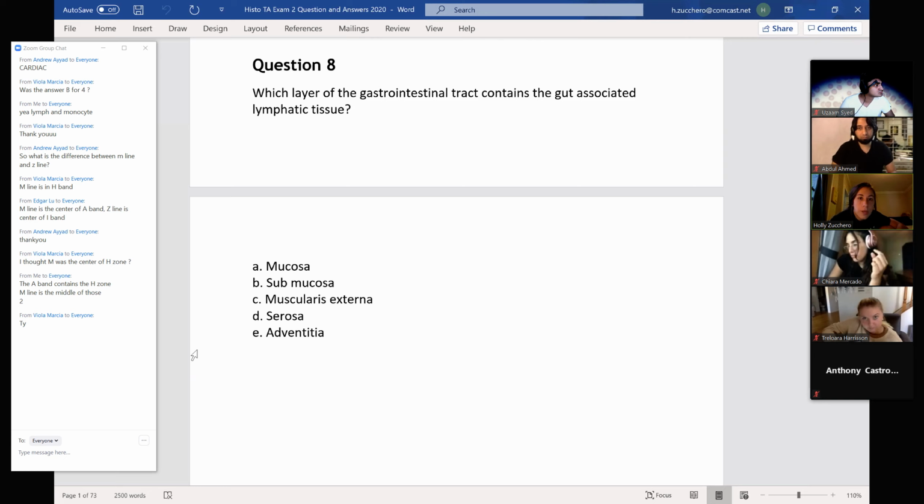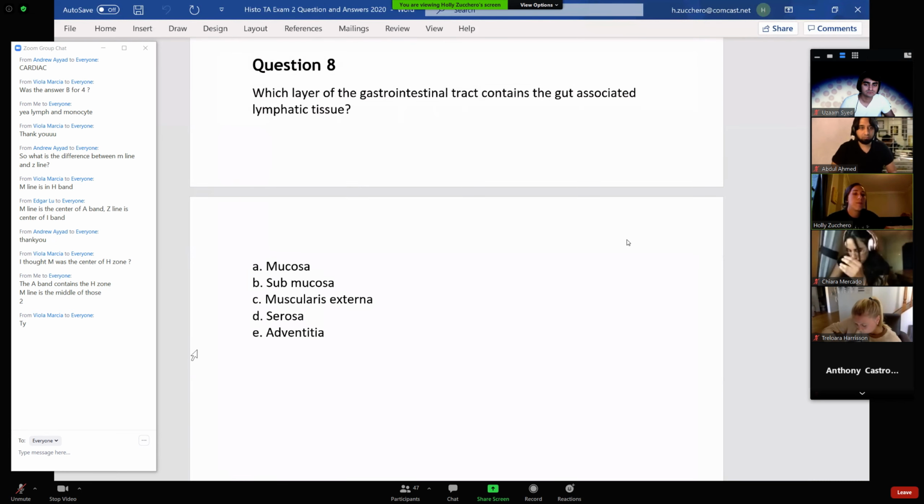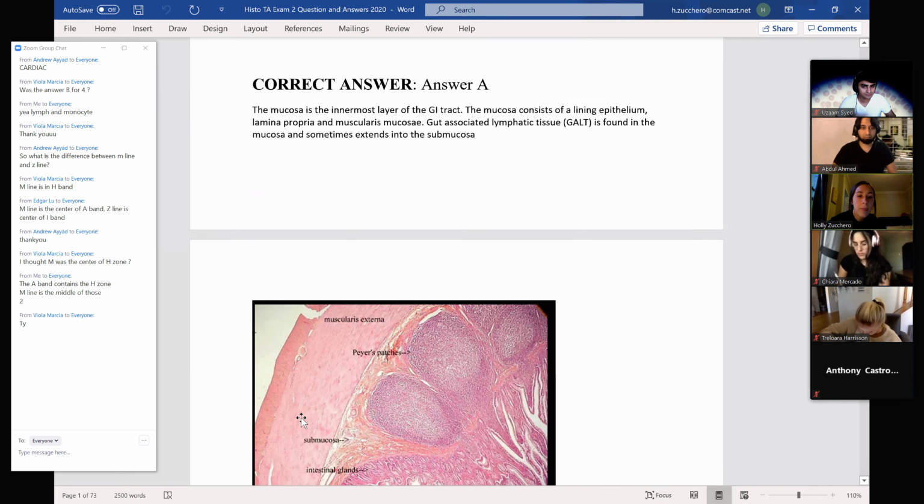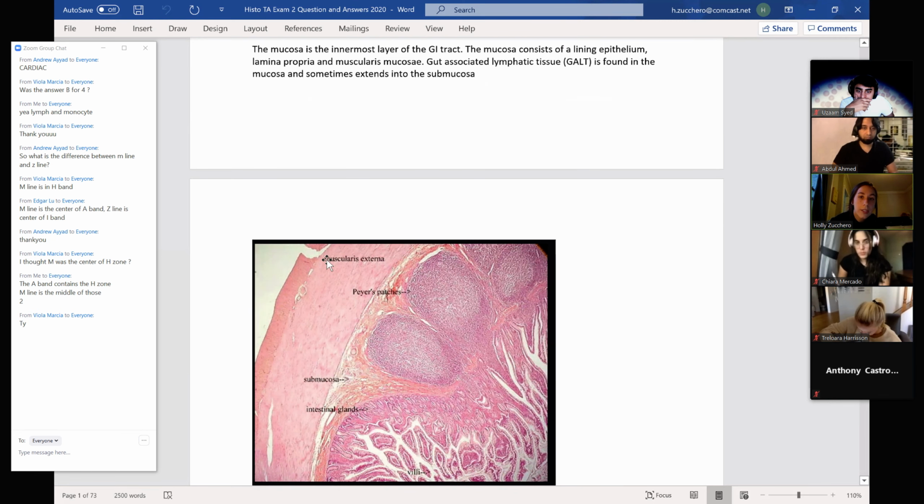All right, so what layer of the GI tract contains the gut-associated lymphatic tissue, which is also called GALT? Does anyone know? So the answer here is going to be the mucosa. Your GI tract has a lining of epithelium, the muscularis mucosa, and the lamina propria.